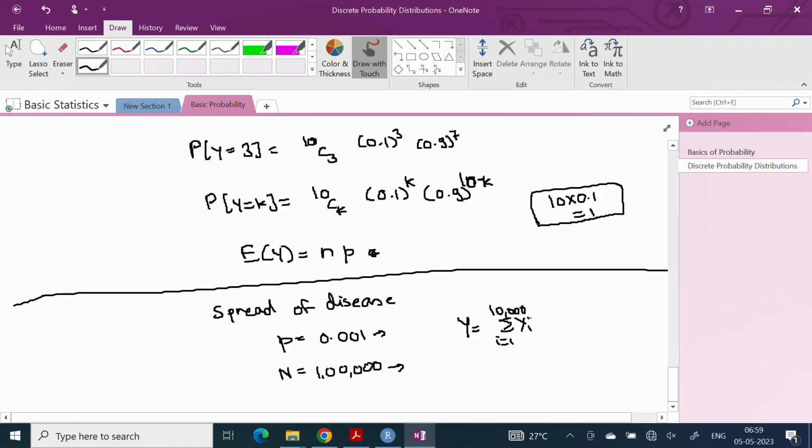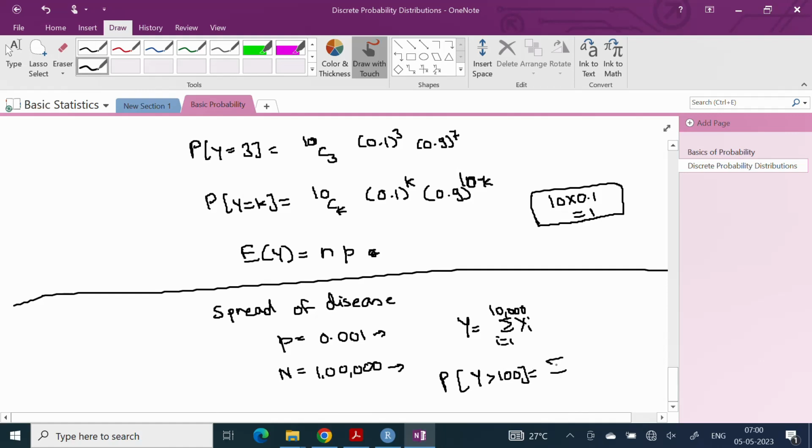This can give me an idea about what are the chances that, say, 100 people will be patients. Suppose you have a hospital with only 100 beds, then you would be interested in estimating what are the chances that more than 100 people would be affected by this disease. So you would be interested in something like probability of y being greater than 100.